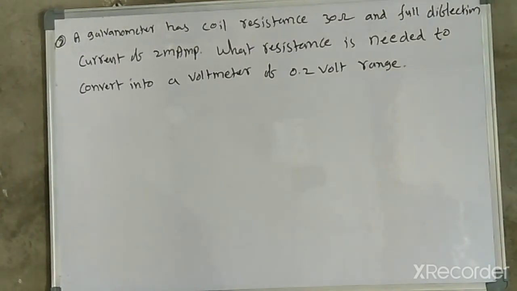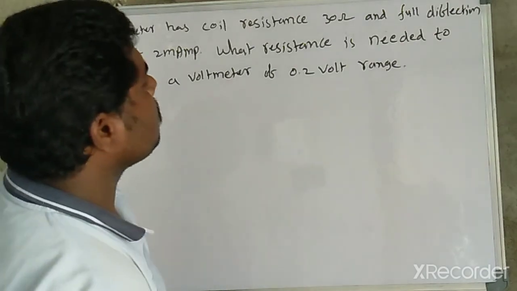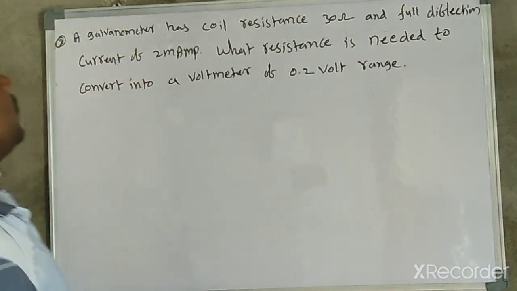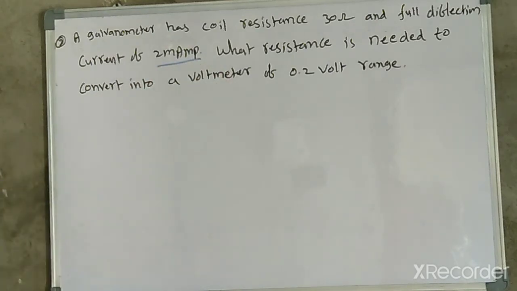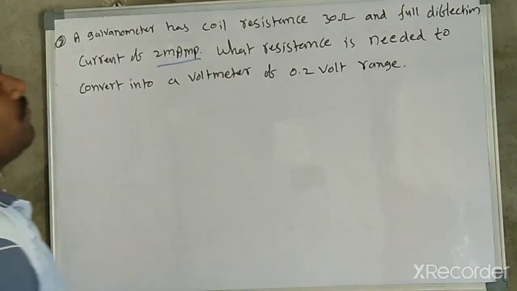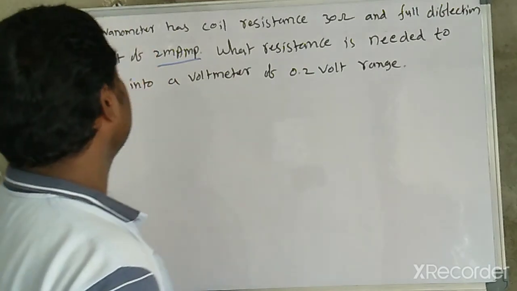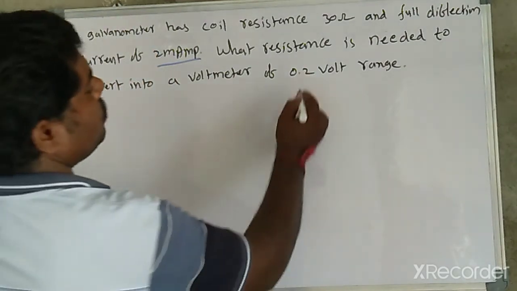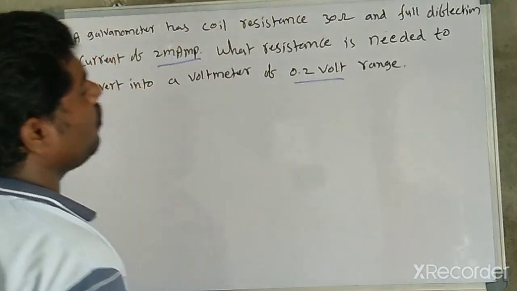Second problem. A galvanometer has coil resistance 30 ohms and full deflection current Ig given as 2 milliampere. What resistance is needed to convert it into a voltmeter of 0.2 volt?